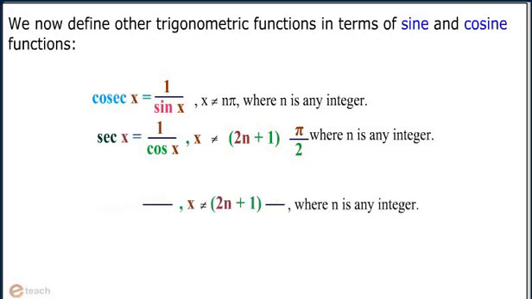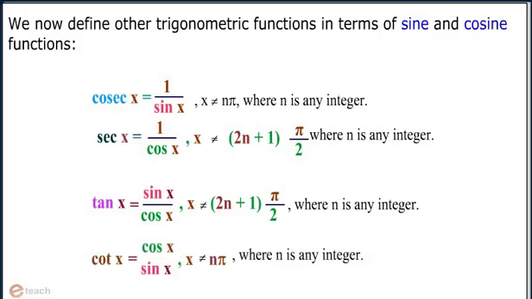Tan x equals sin x by cos x, where x is not equal to (2n plus 1) pi by 2 and n is any integer. Cot x equals cos x by sin x, where x is not equal to n pi, where n is any integer. Let us study some standard identities.